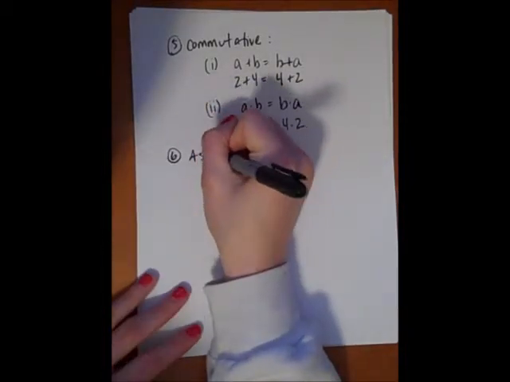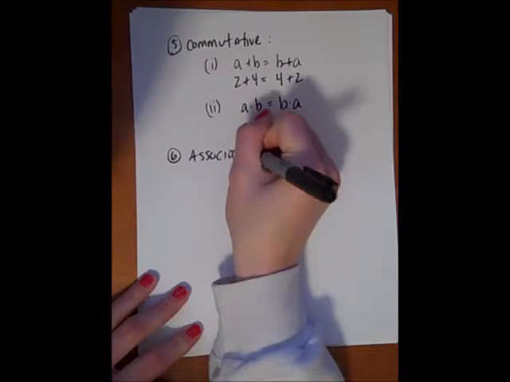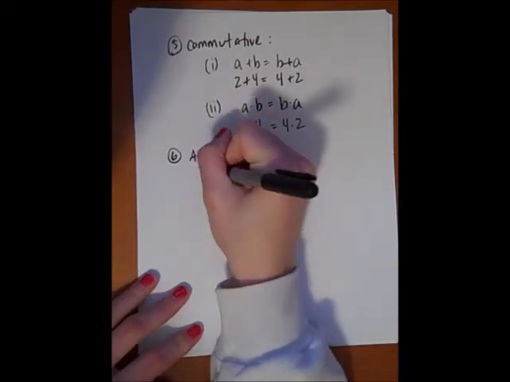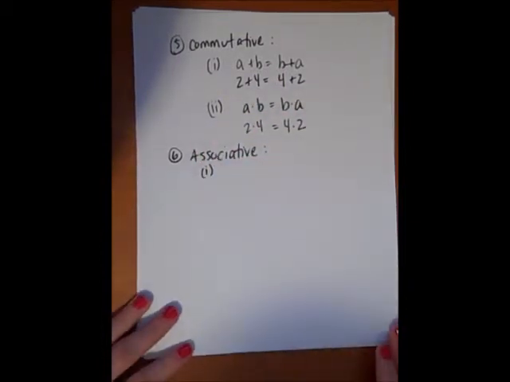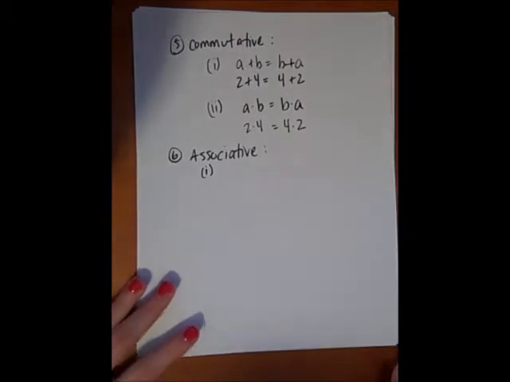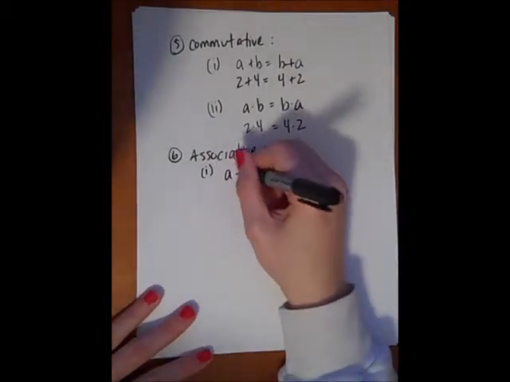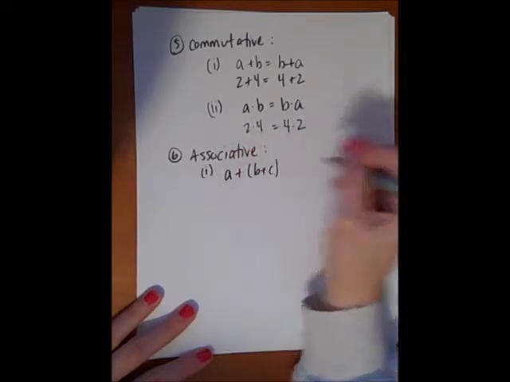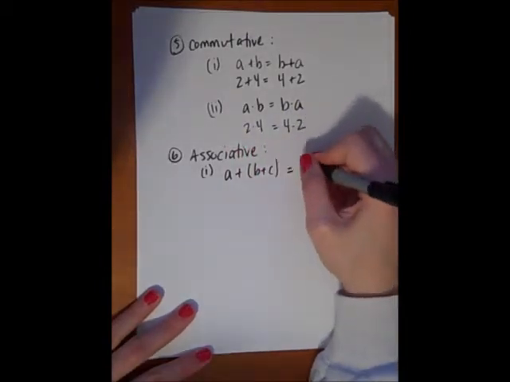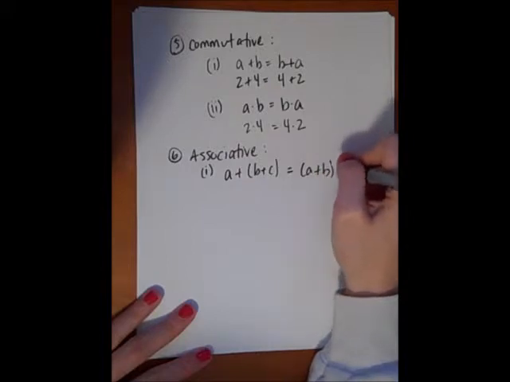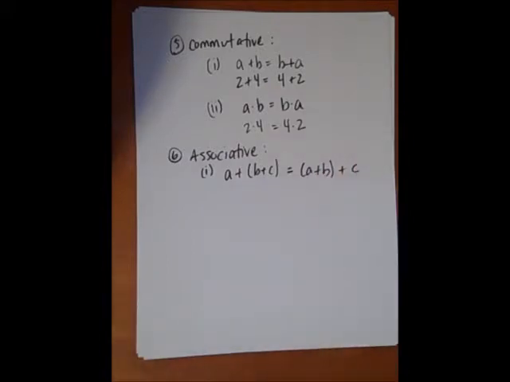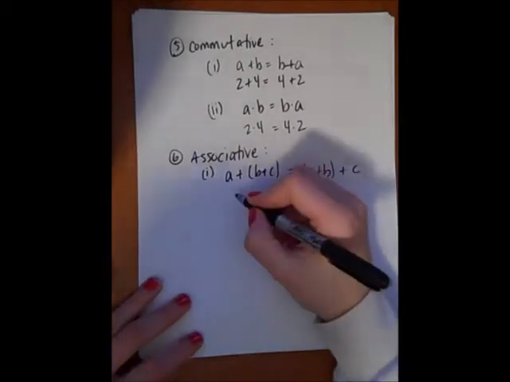Sixth, we can talk about the associative property. Again, there's going to be one for addition and one for multiplication. The associative property for addition says that A plus B plus C is the same as A plus B plus C, grouped differently.